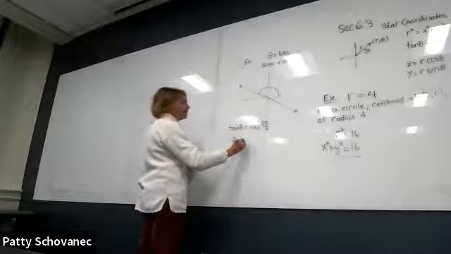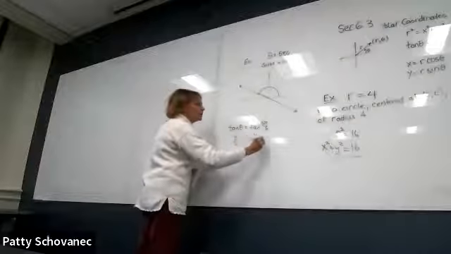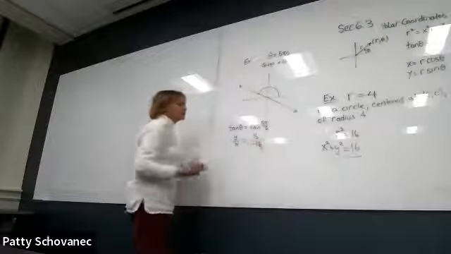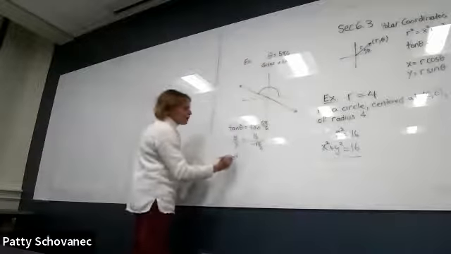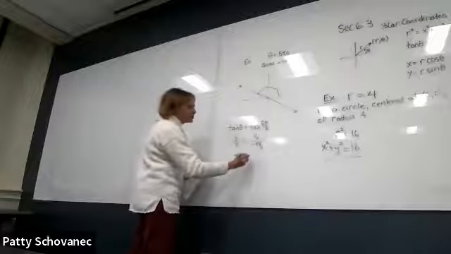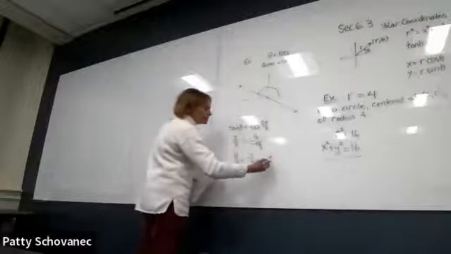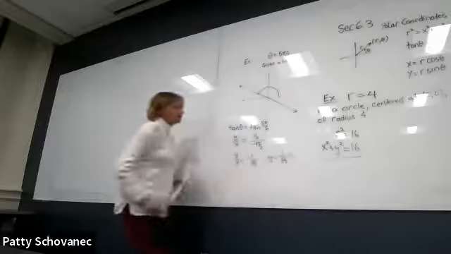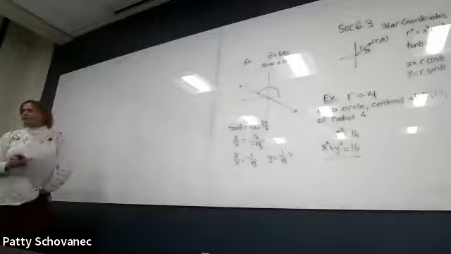The tangent of 5 pi over 6 is the sine of 5 pi over 6 over the cosine of 5 pi over 6. And so that reduces to y over x is equal to negative 1 over root 3. And the equation of the line then is y is equal to negative 1 over root 3 x. A line through the origin of slope negative 1 over square root of 3.